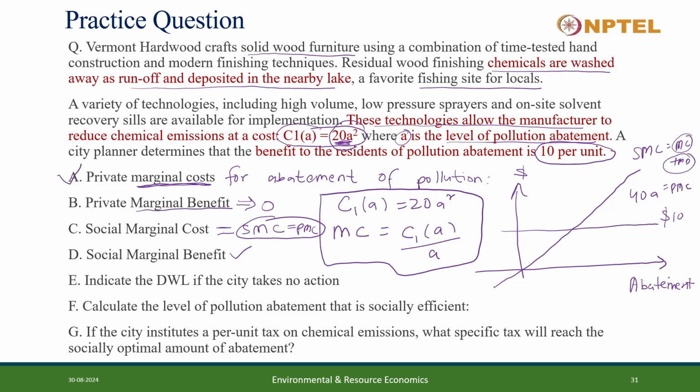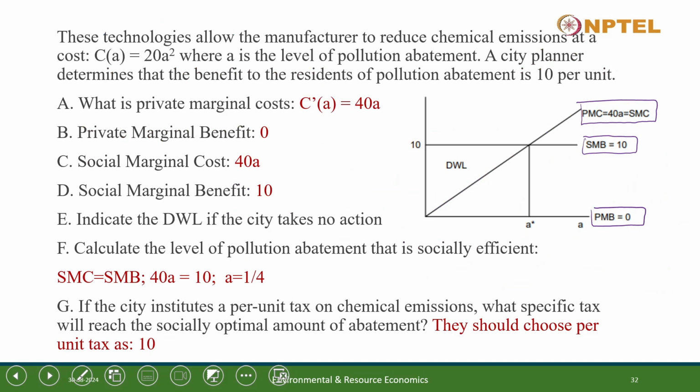The cost of abatement will be the same only. Is it clear? Yes, ma'am. So in this case only, we are saying that PMC is equal to SMC, which is equal to 40A. Okay, now we have answered A to D. Is it clear? Yes, social marginal benefit is 10.